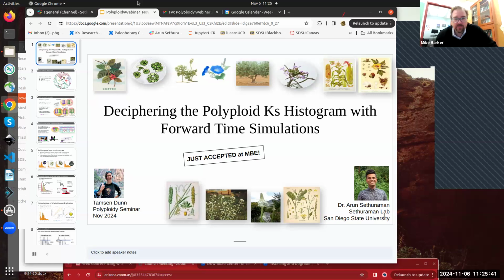In the Sethuraman lab at San Diego State, Tamsen is developing new computational methods for the study of polyploidy and evolution. She enjoys rock climbing and camping with her favorite research assistants, her twin daughters. And with that, I'm going to let Tamsen take it away and tell us about her work on deciphering the polyploid KS histogram with forward time simulations.